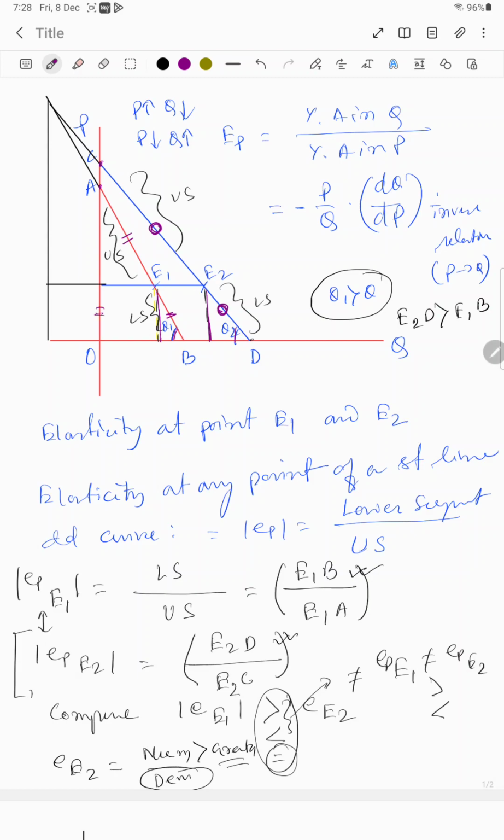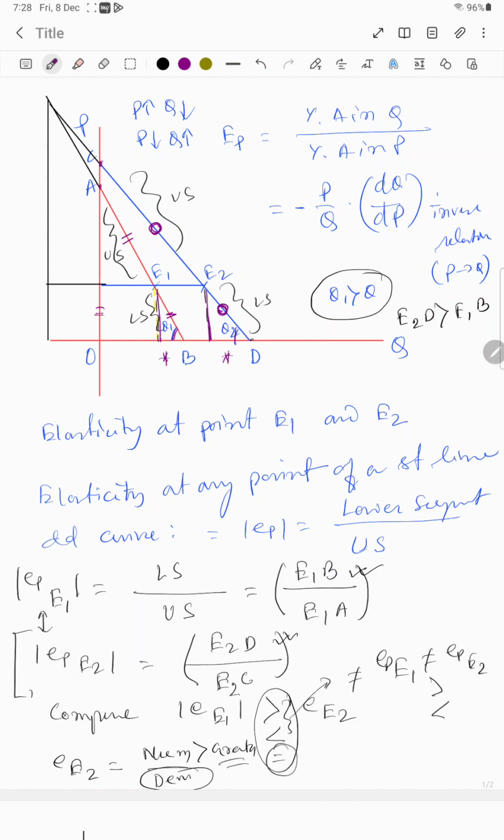We can draw a line through it. Should we take the formula P by Q into dP by dQ there? The P naught value is the same. From the triangle point of view, in the case of similar triangles, the ratios of similar sides will be equal to each other. So can we use that law here?